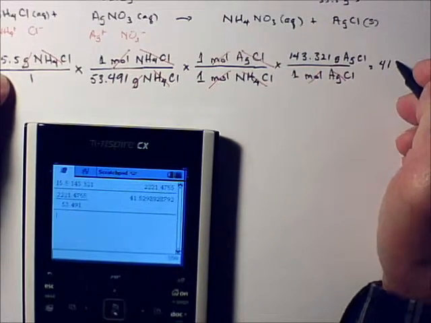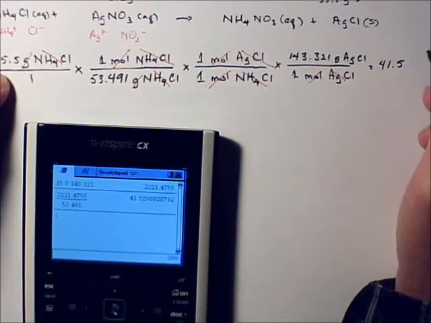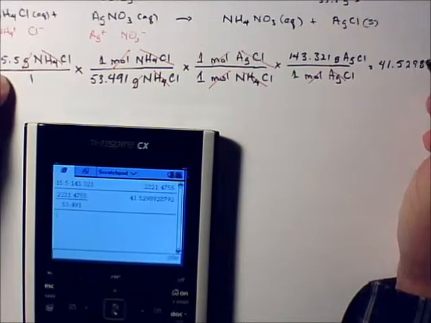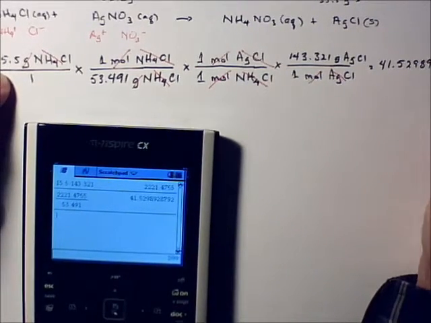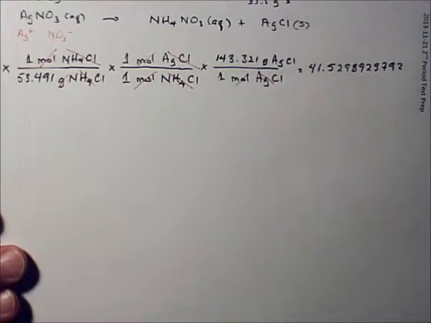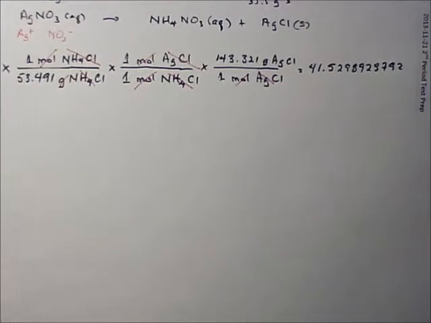So initially, before we round off, we're going to get something with a lot of digits behind the decimal. No. Right here, you're doing addition.